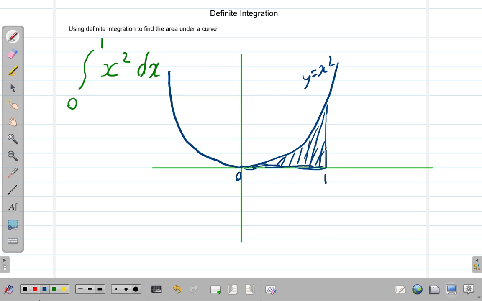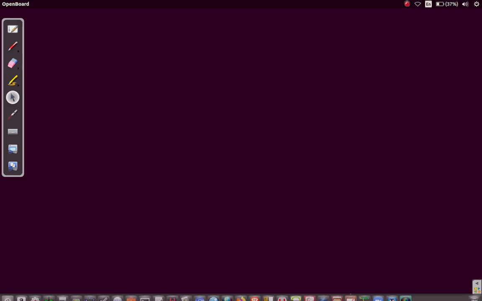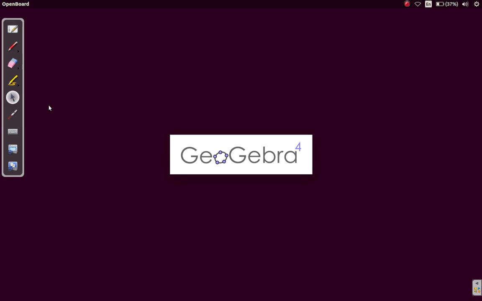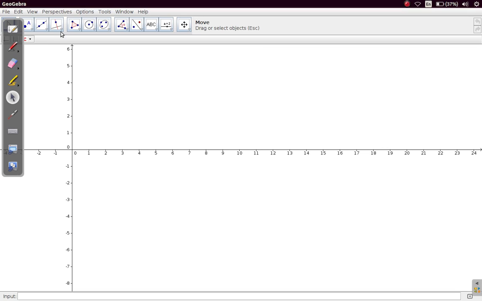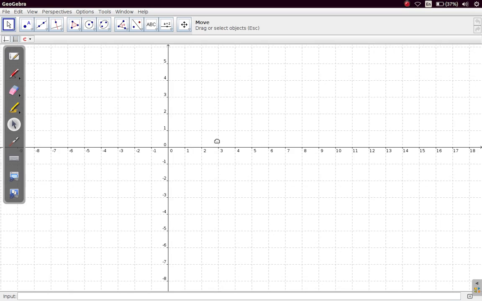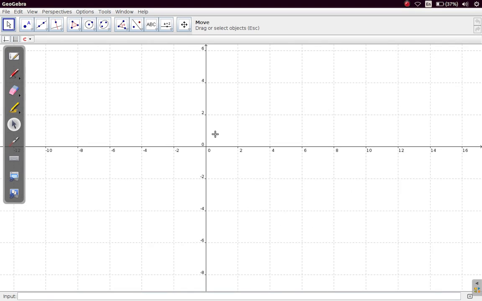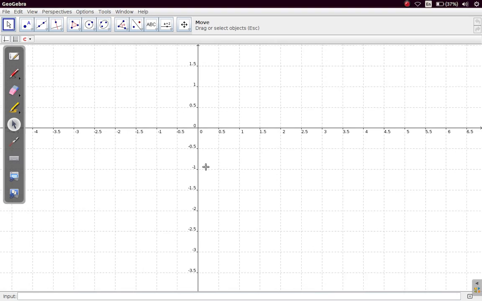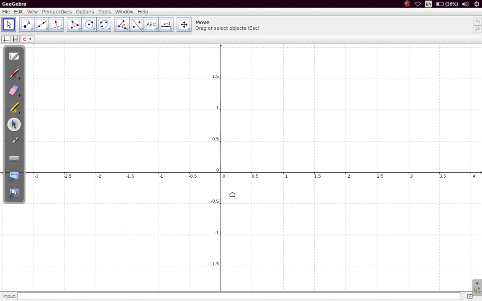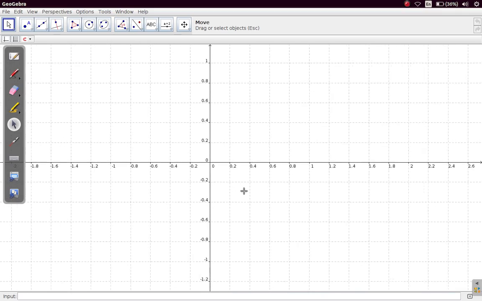Now, suppose, for example, let us look at GeoGebra, and we're going to be using it to plot our graph. The graph of y equals x squared. Let me look at our graph closer. We're going from 0 to 1. So let's zoom in. I want a wider view.